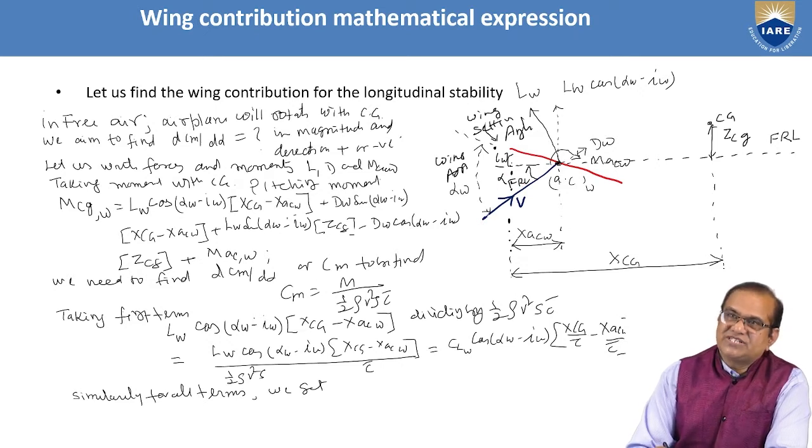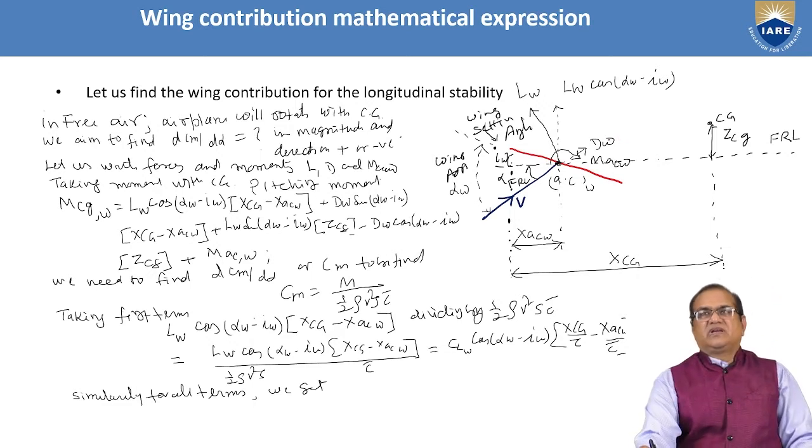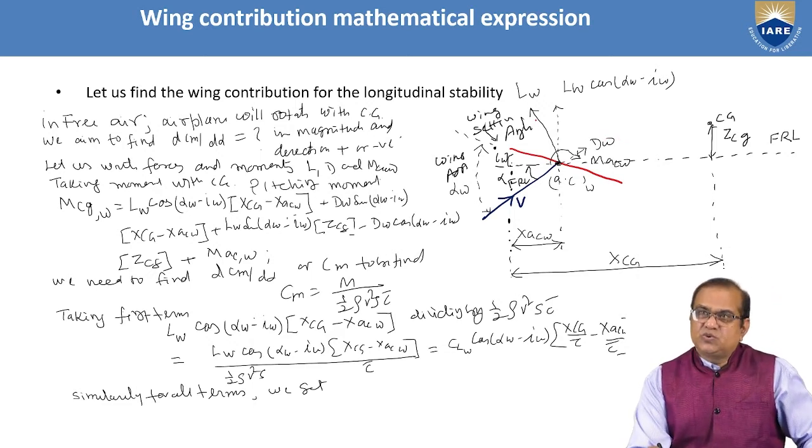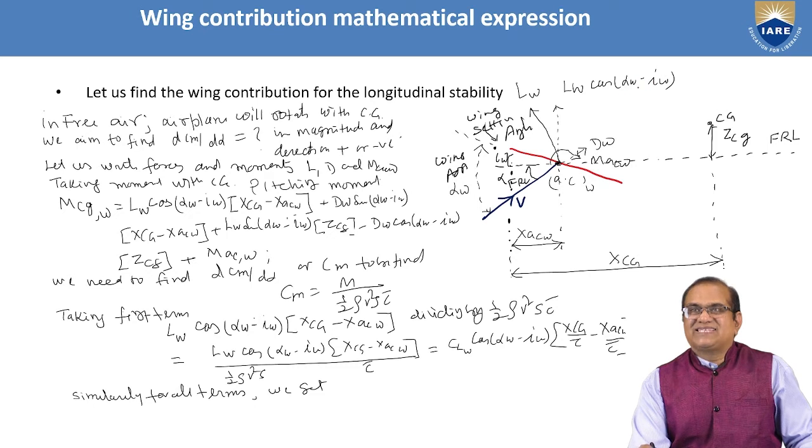This velocity is touching this wing at the aerodynamic center. At the aerodynamic center, the lift LW is produced, and in the same direction, the drag DW is produced. But these two we can resolve in the vertical and horizontal directions. So in the vertical direction, this will be LW cos(alpha W minus IW).